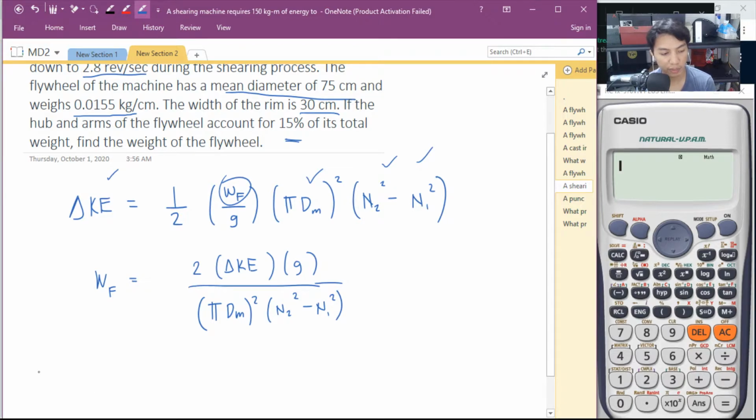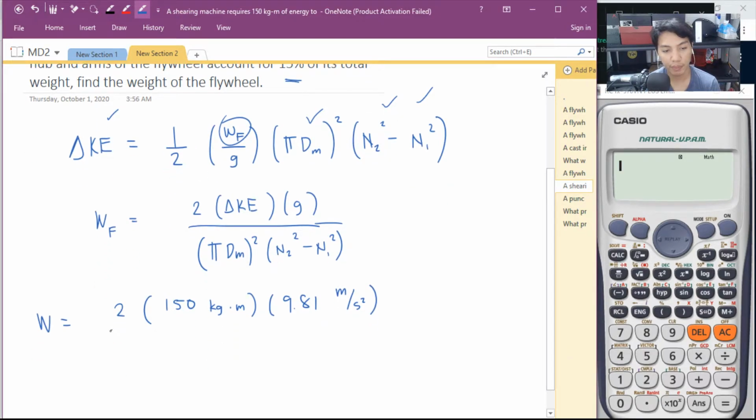So, the weight of the flywheel now, let's substitute the values. 2 times delta KE, that is 150 kilogram meter, multiplied by 9.81 meter per second squared, divided by pi times the mean diameter, which should be in meters.